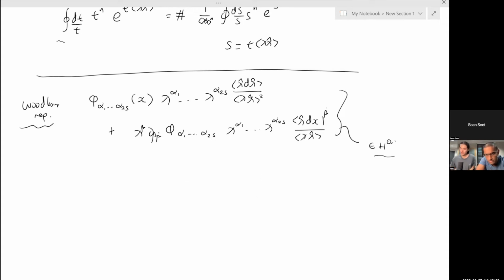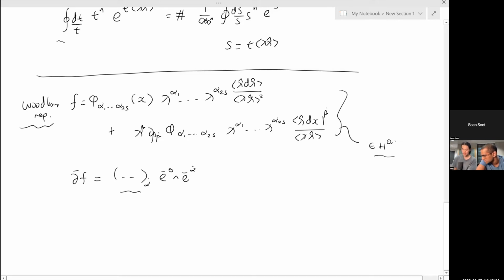So the term that we have to be concerned about, if we let's call this, what do you want to call it? Yeah, call it f. F equals this plus this. So d bar f, there'll be a term e bar 0 by alpha dot. And then we're going to make sure that this term vanishes. Yes.